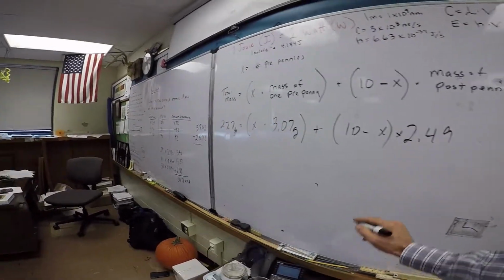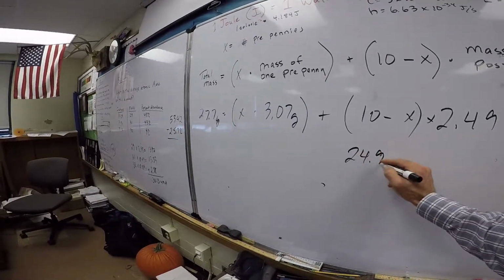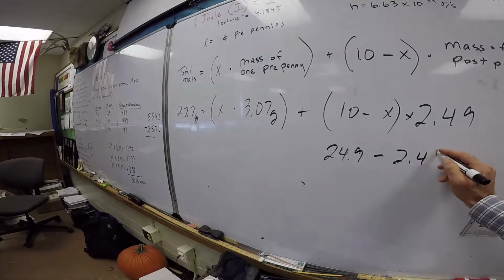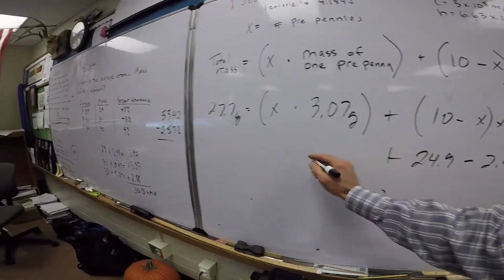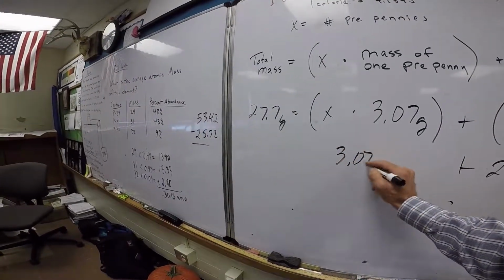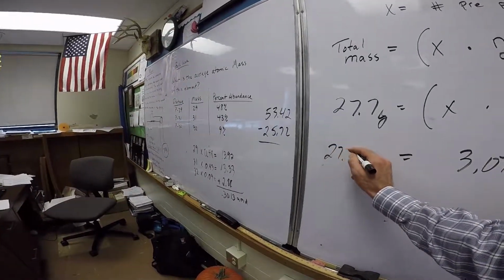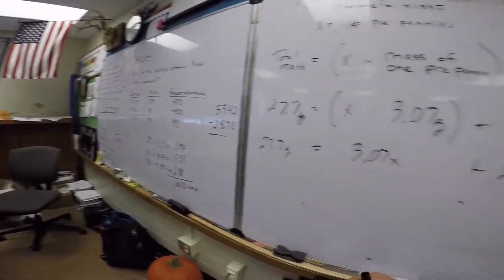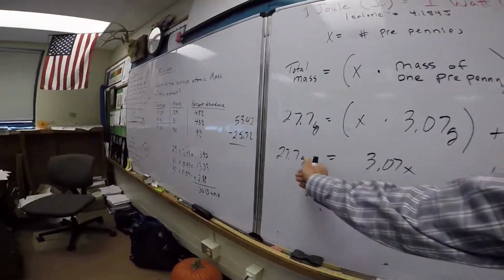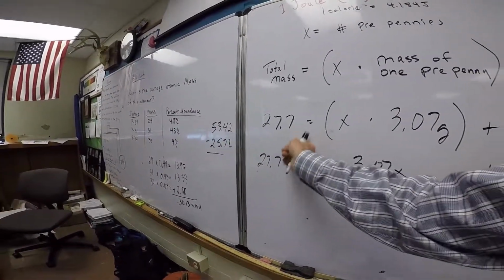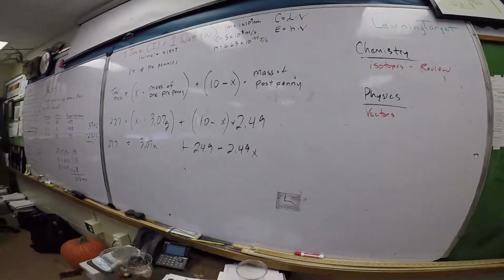So if we multiply these two, we get 24.9 minus 2.49x plus 3.07x equals 27.7 grams. We'll just drop the unit here because it'll get confusing if we don't. So now we're going to solve for x.